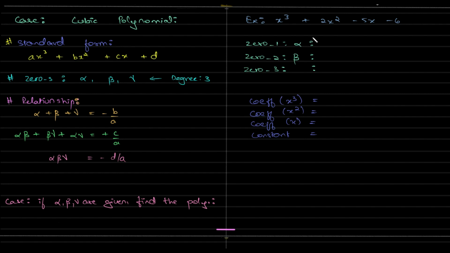So now we are looking at alpha, beta and gamma, the 3 zeros, right? So let's find out the zeros using our graph. Let's generate a graph. So we're looking at 1x cube plus 2x square minus 5x minus 6.